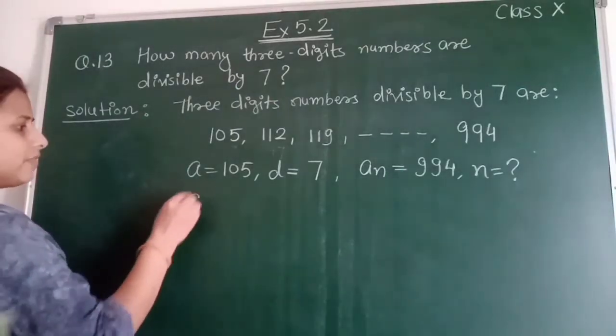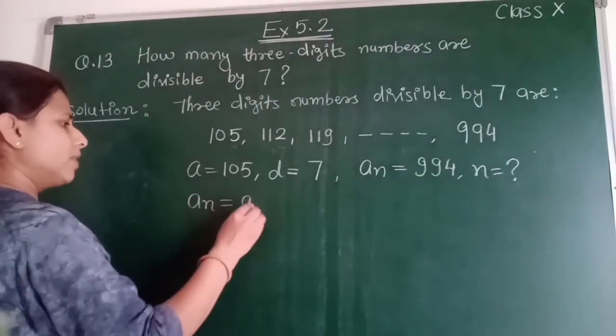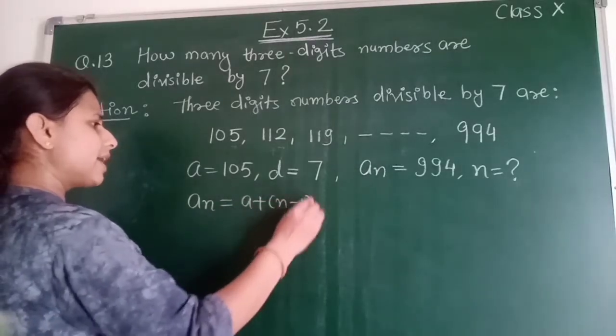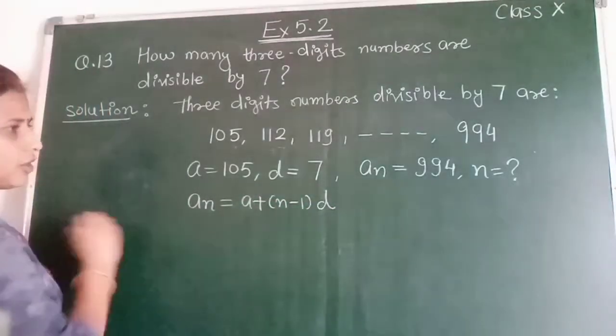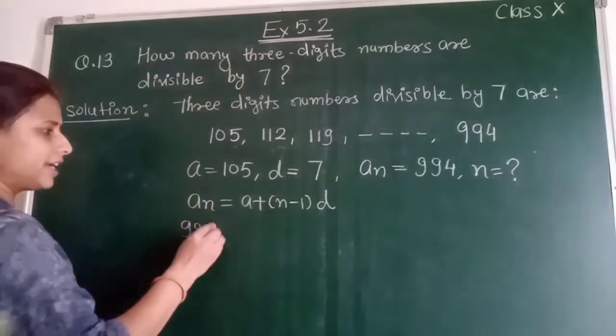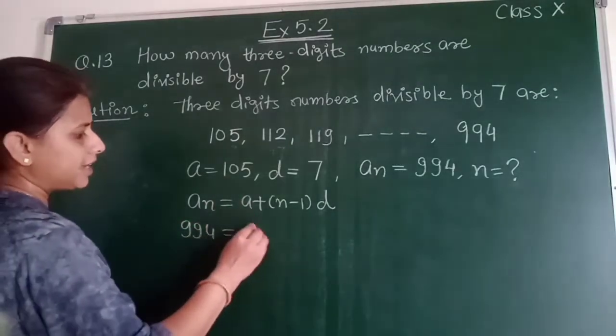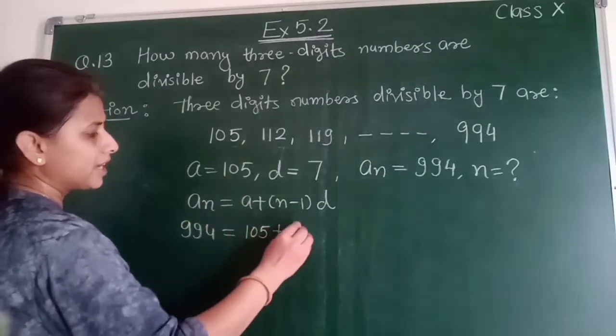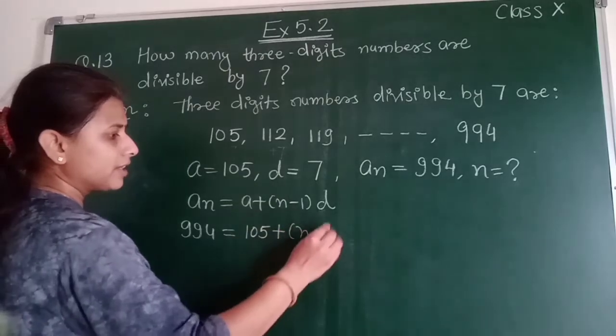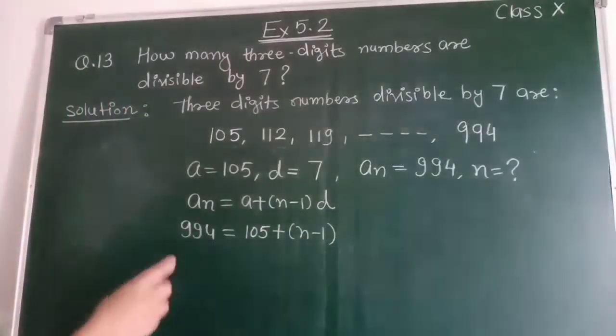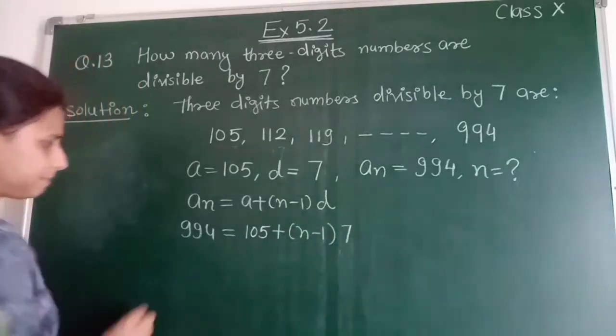So student, we will apply the same formula. An equals A plus n minus 1 into D. The value of An is 994 equals A, which is 105, plus n minus 1, as the value of n we have to find, into the common difference 7.